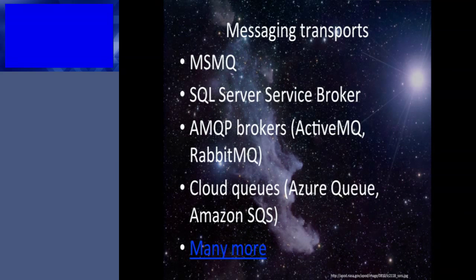Now, what makes NServiceBus so different from other technologies is the principles that it's built on. So this queued messaging transport is not just an implementation detail, but a primary architectural concept.